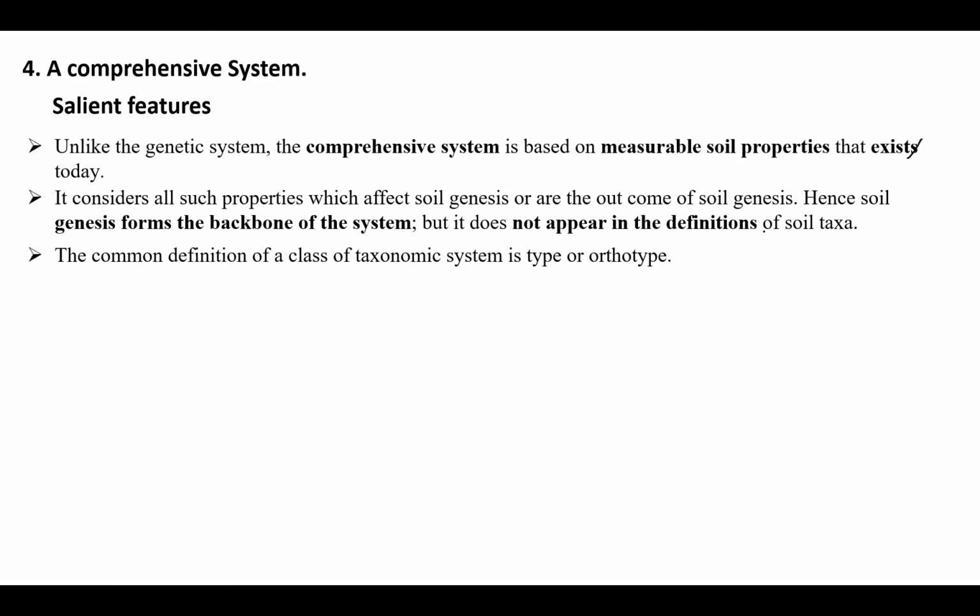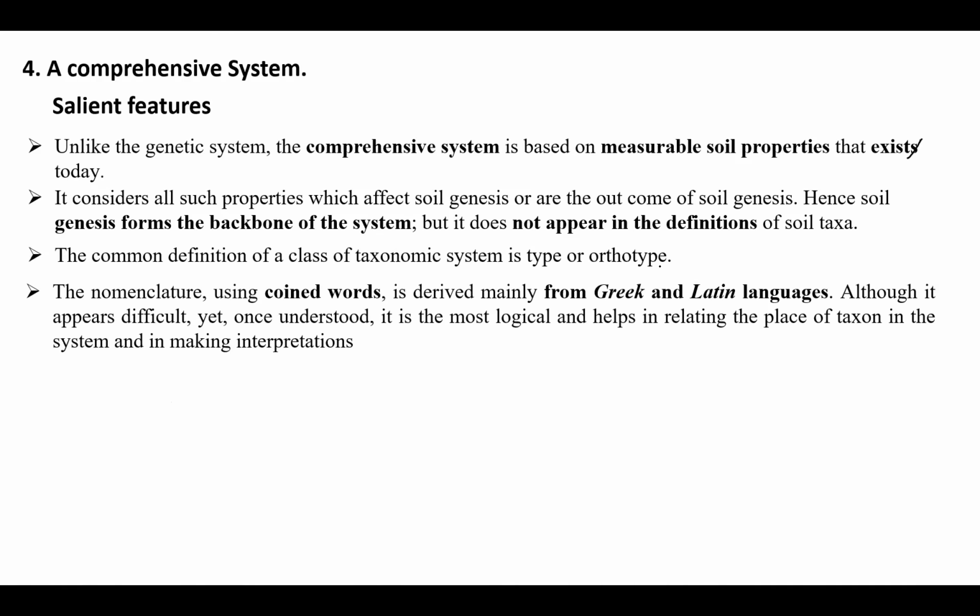Coming to the third one, the common definition of the class of soil taxonomy is a type or orthotype. So the orthotype definitions look very plain, I mean, very easy to write. The nomenclature used in the coined words is derived from the Greek and Latin languages.